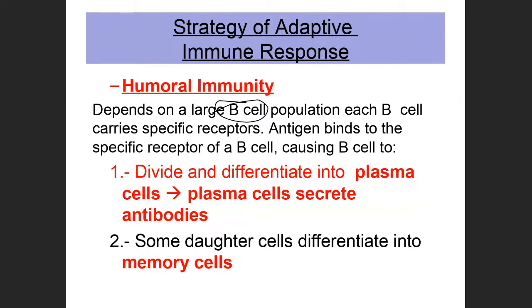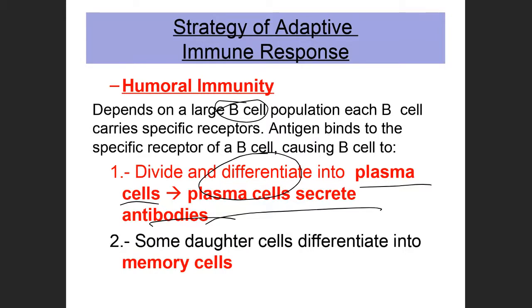So if an antigen happens to be in the body, and that antigen finds the B cell that it could attach to, then this B cell will begin to differentiate into a different kind of cell called the plasma cell. And plasma cells are the ones that actually secrete antibodies.